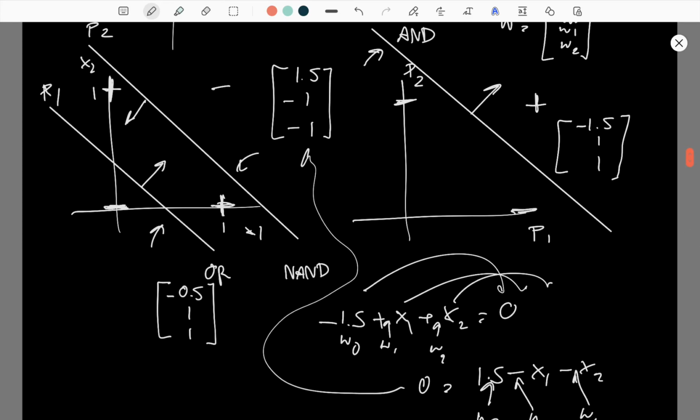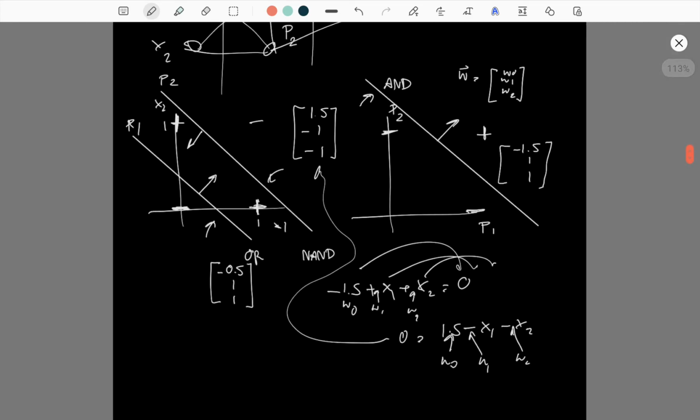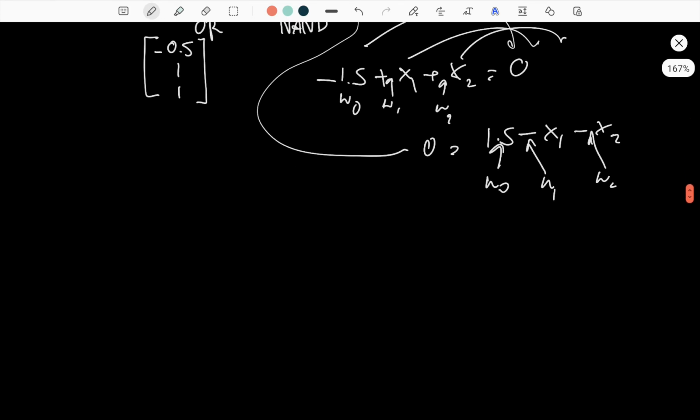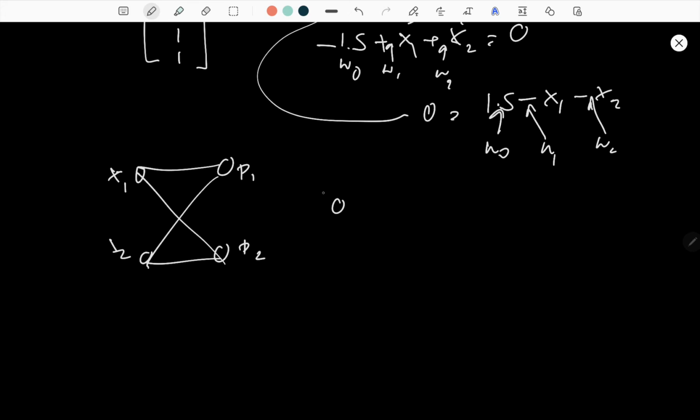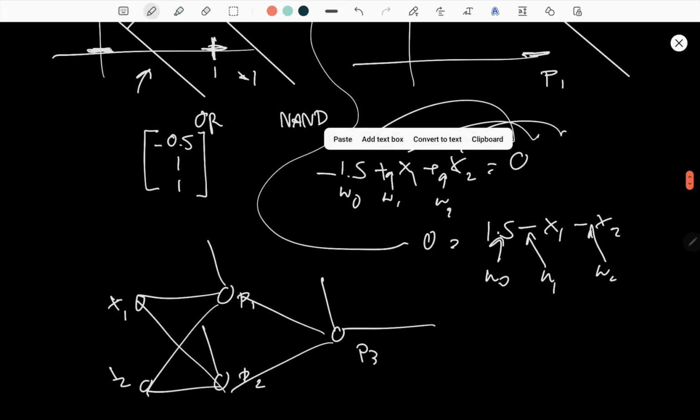Okay, so now we've got all weights, and you can put all weights in your structure. This is x1 and x2, this is P1 and P2, and this is P3, and this is the output, and this is a weight. So your P1 is OR, so your weight is minus 0.5, 1, and 1.